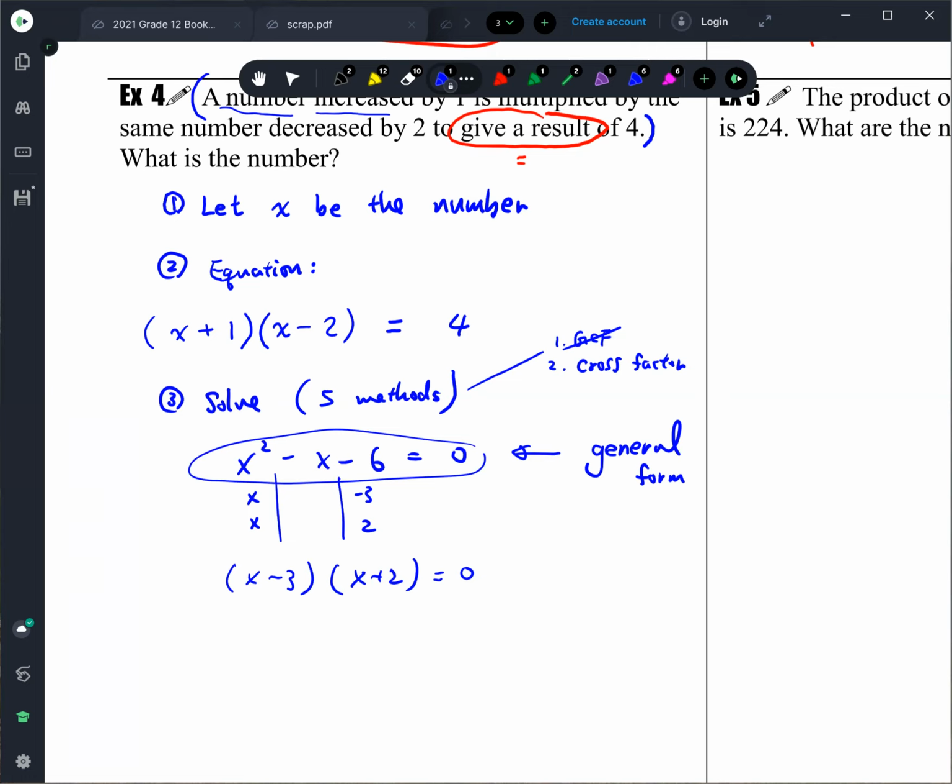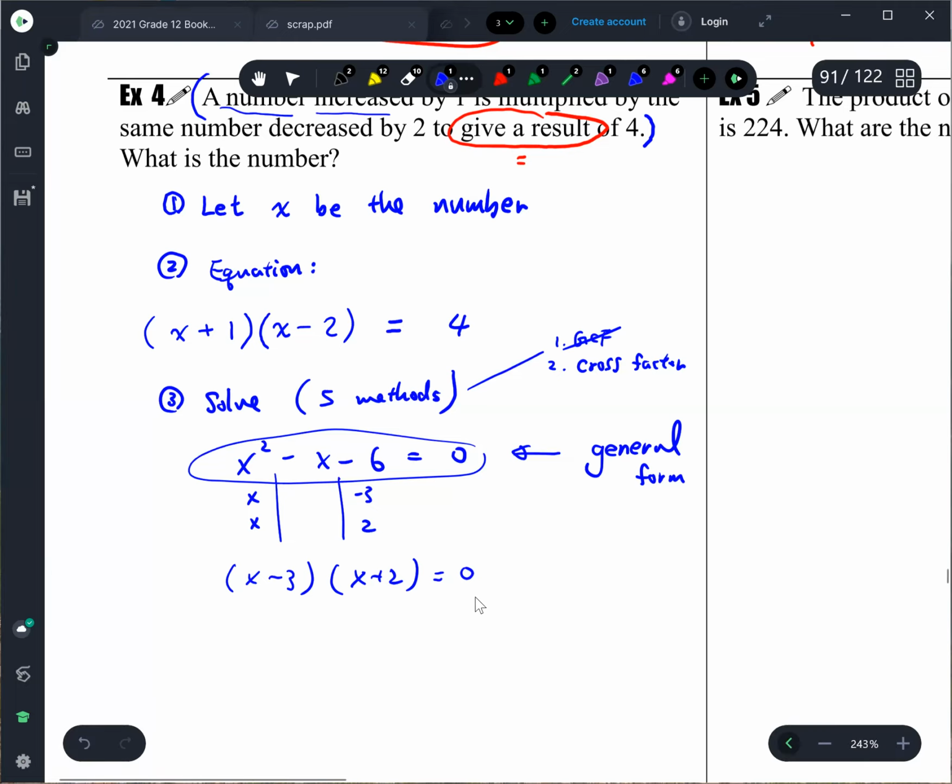So wait, I'm confused. Are we doing the cross factoring thing? Like Tony did it. He did the cross factoring already. I forget how to do it. Like for the x minus 3.